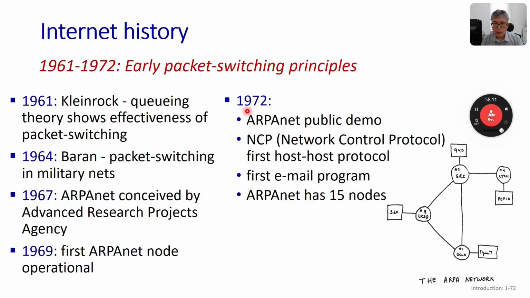And then in 1972, the ARPANET public demonstration was done. NCP, network control protocol, is used for host-to-host communication. The first email program is implemented, and ARPANET has 15 nodes.